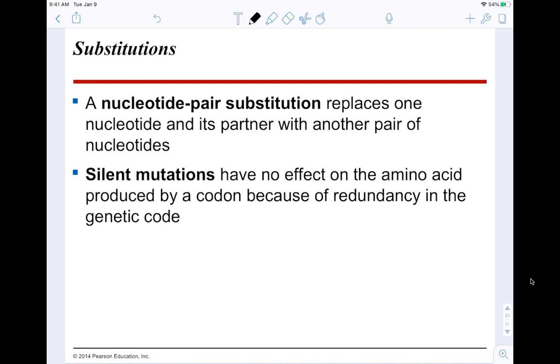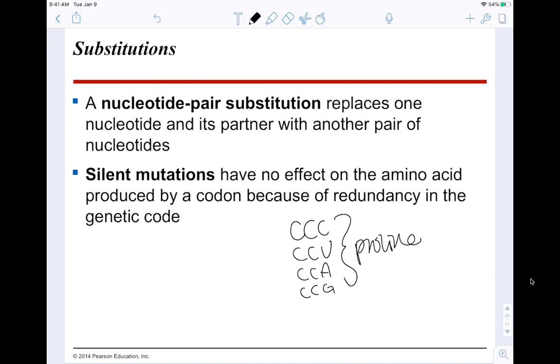So we have silent mutations that have no effect on the amino acid produced by a codon because of redundancy in the genetic code. So remember CCC, CCU, CCA, CCG, they all code for proline.